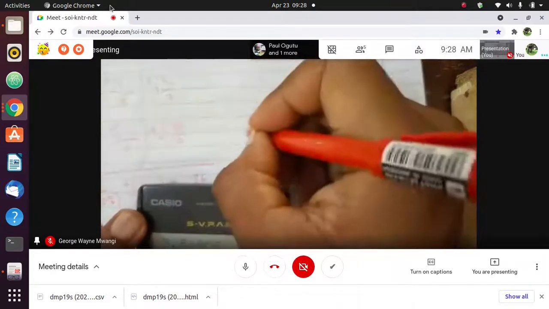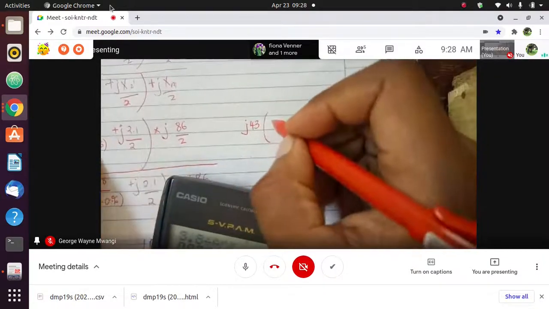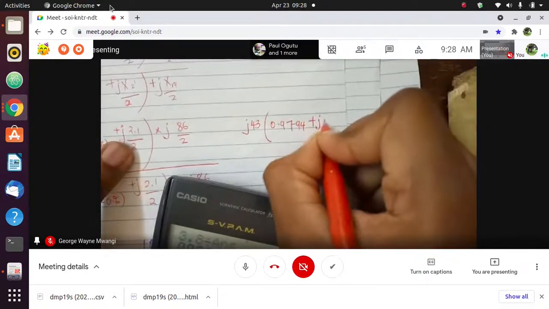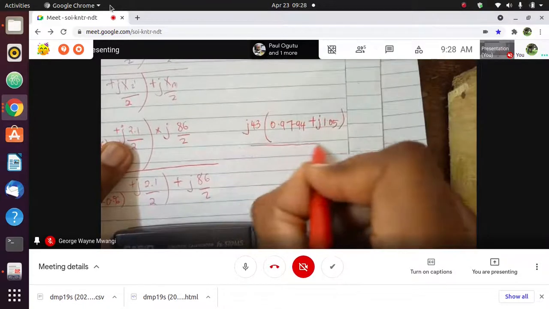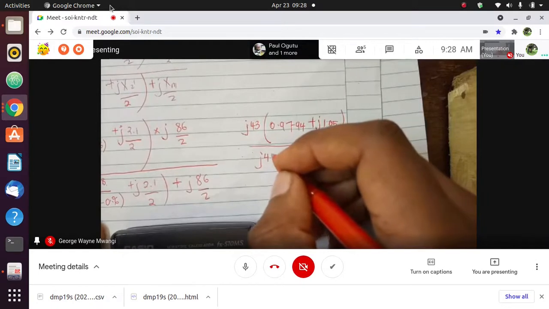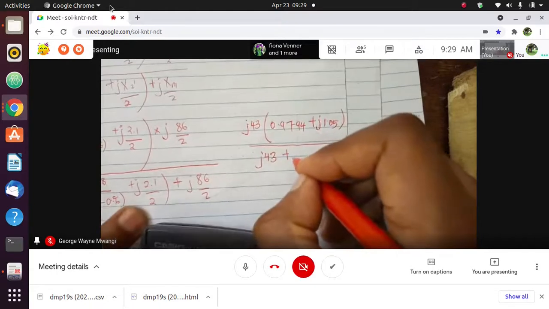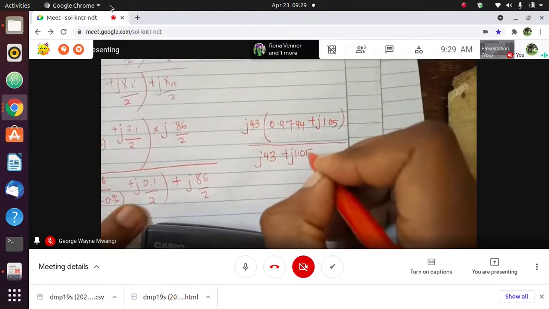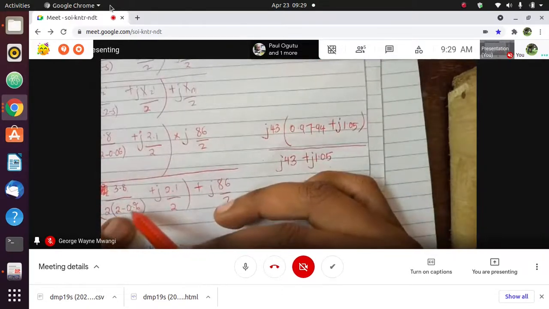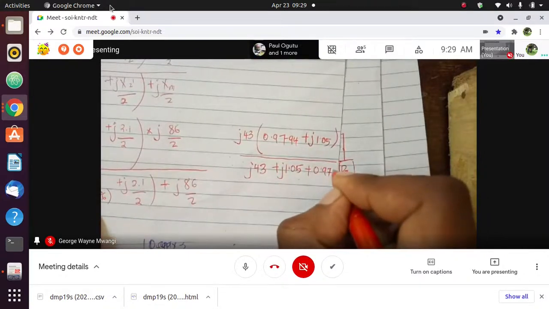So J 43, this 86 divided by 2, J 43 into brackets, this value is 0.9794 plus J 1.05, over J 43, which is 86 divided by 2, plus J 1.05, here 2.1 divided by 2, and then this 3.8 divided by 2 times 2 minus that, this is plus 0.9794.